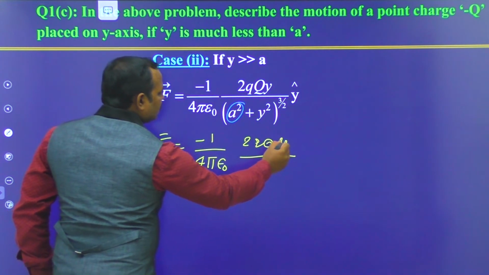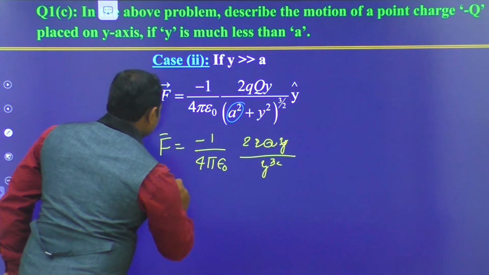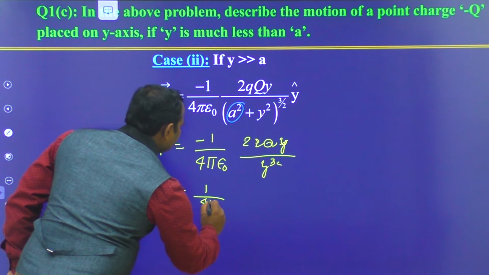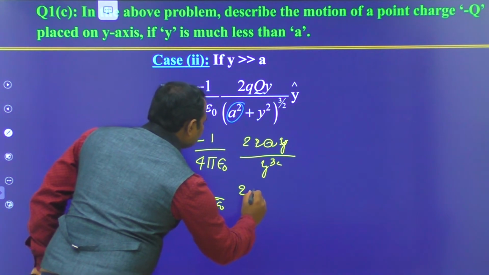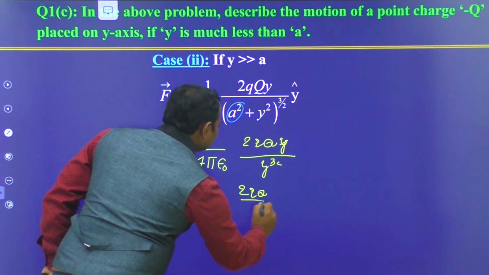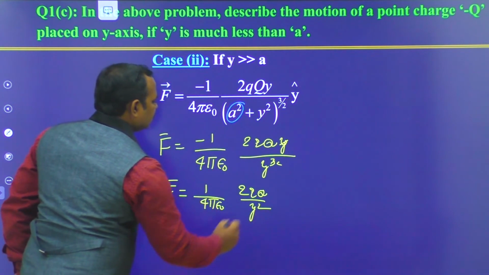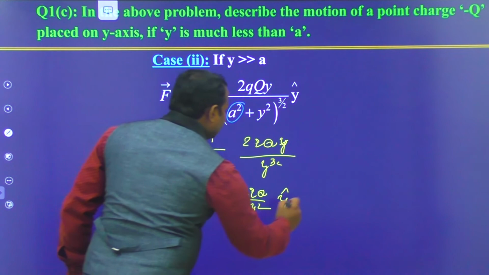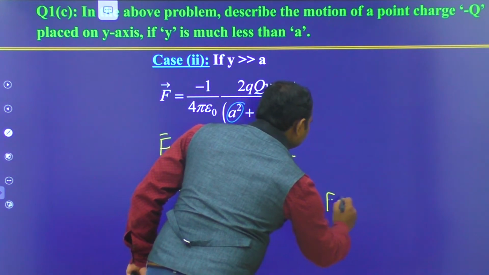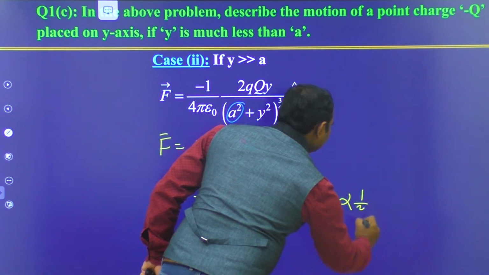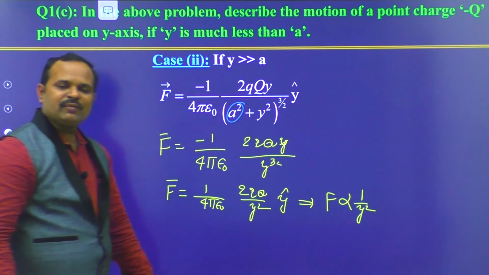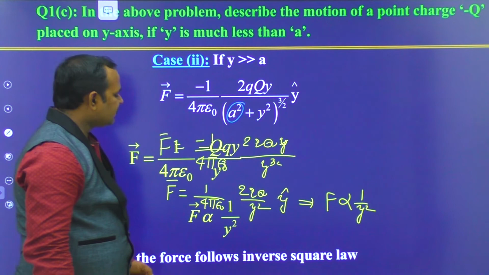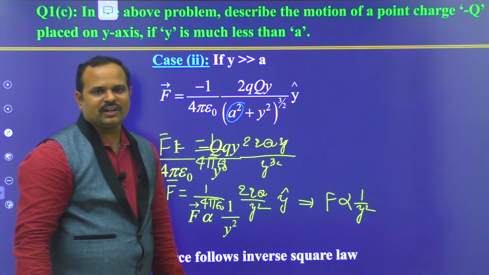Now, y square will be cancelled, so the resultant is F bar is equal to 1 by 4 pi epsilon naught, 2q by y square, y cap. That means force is directly proportional to 1 by y square. This is the inverse square law. So force exhibits the inverse square law.